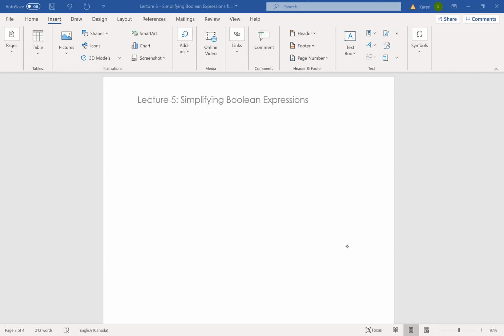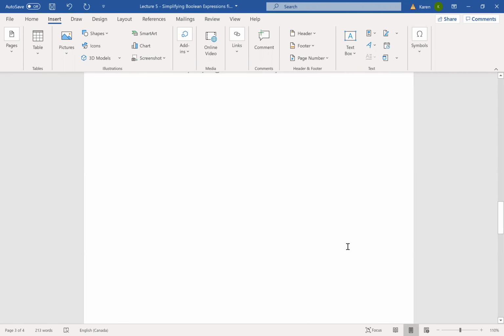Let's simplify some more Boolean expressions.